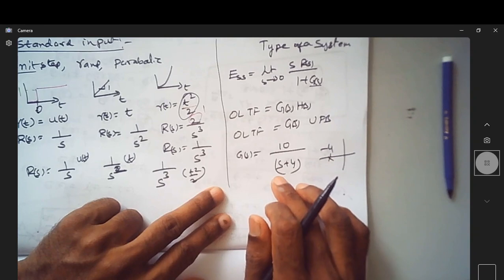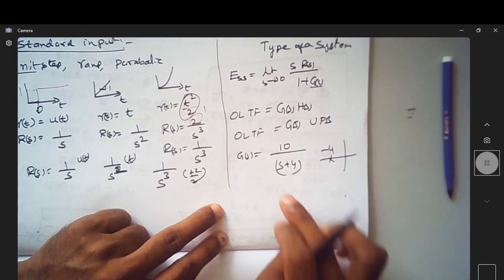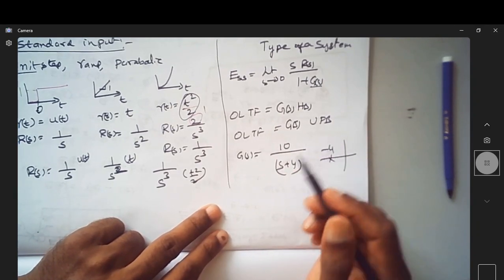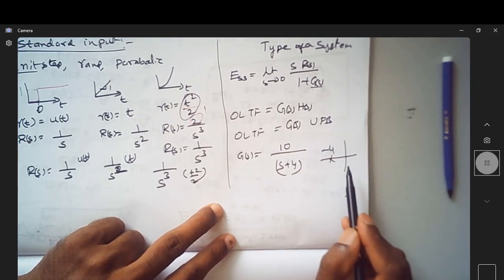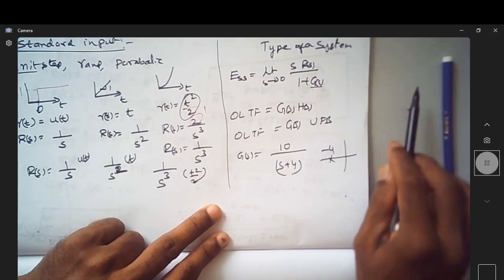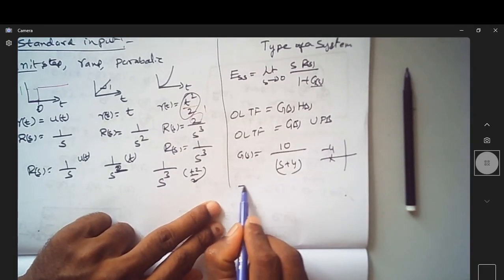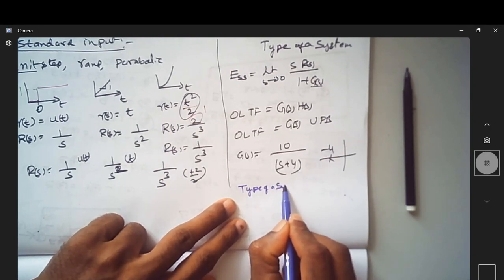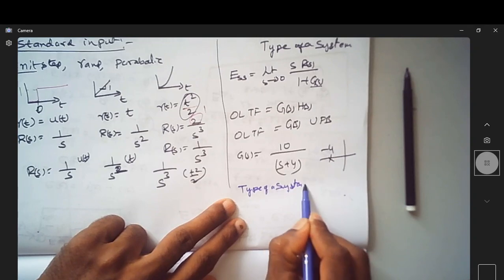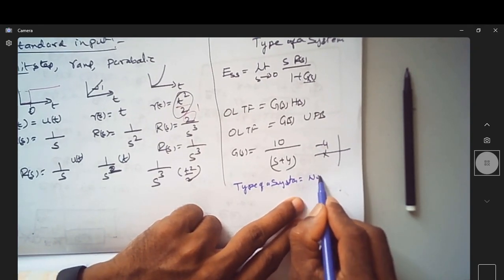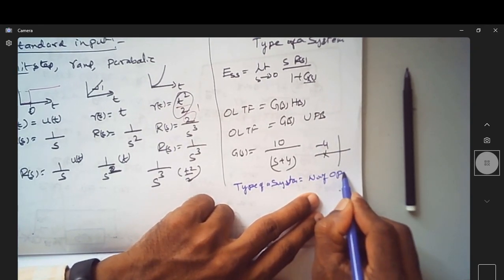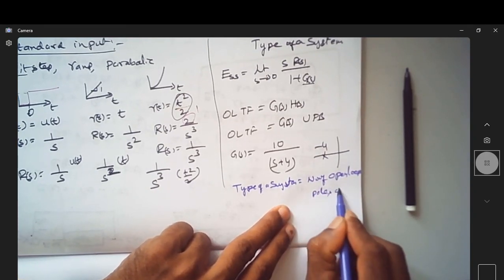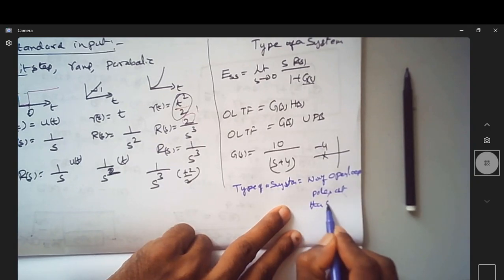So this is defined as a type 0 system, because the type of a system is nothing but the number of open loop poles at the origin of the s-plane.